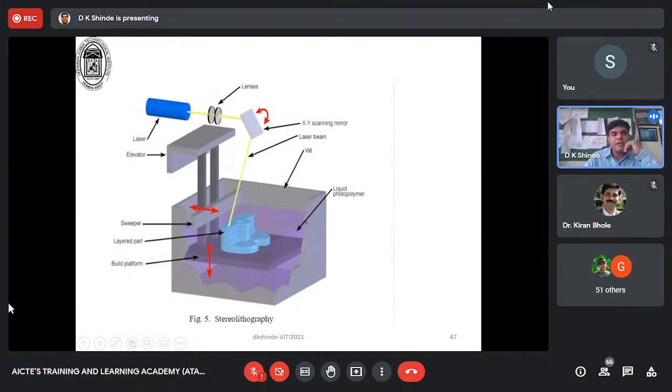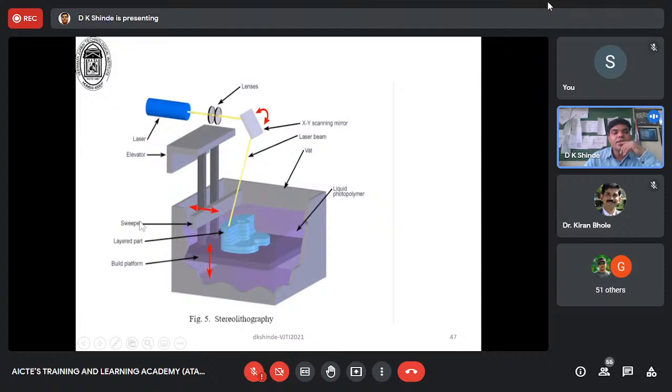So how does it exactly get deposited? You can see in this 3D pictorial view. So this is a bottom platform. This can be moving up and down, and layer by layer depositions are shown with clarity, layer 1, 2, 3, 4 like that.